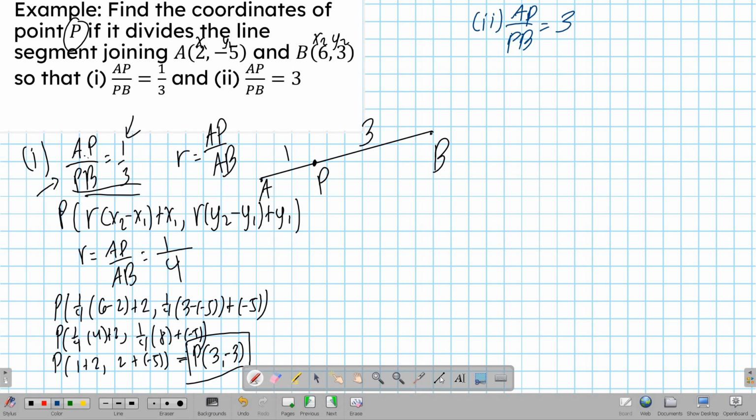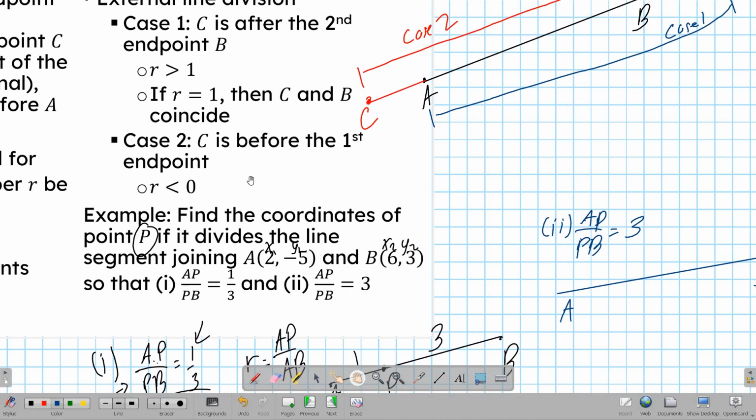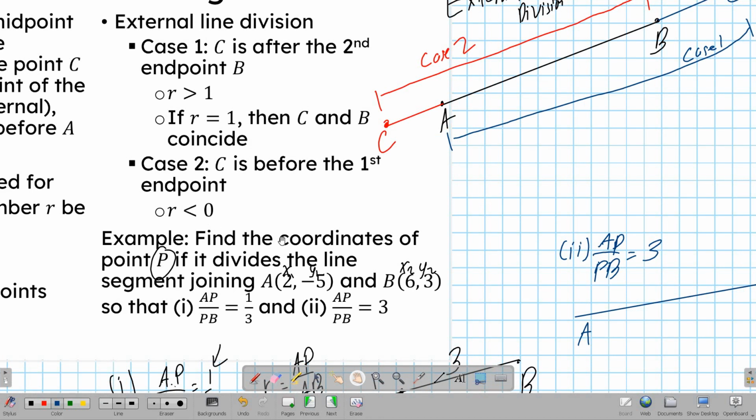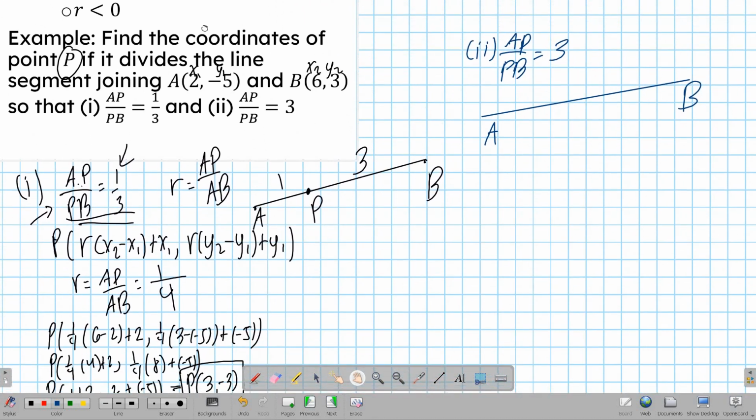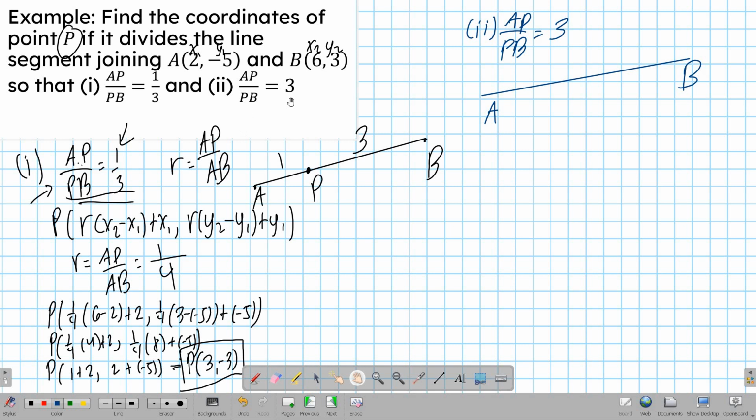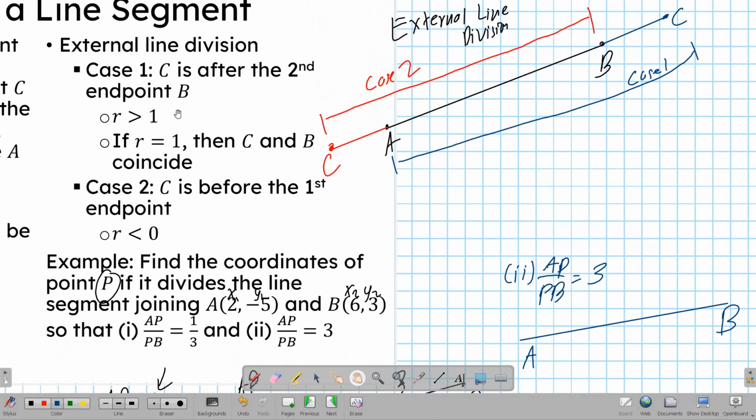So, if we have a line segment like this, AB, your AP is 3. Take note here that AP is positive. Why did we mention that? Because R can be negative. But in this specific case, since we're not given an exact R, but it's still not negative, one case would be case 1, if this is external line division.